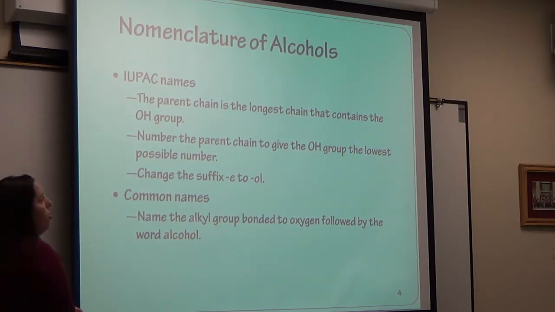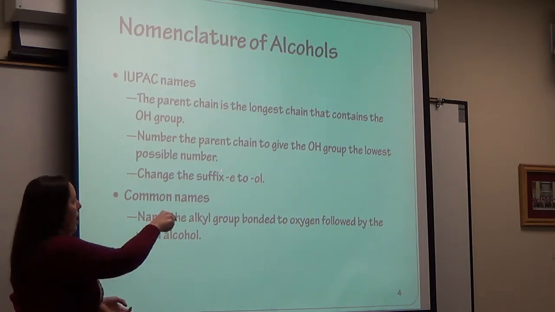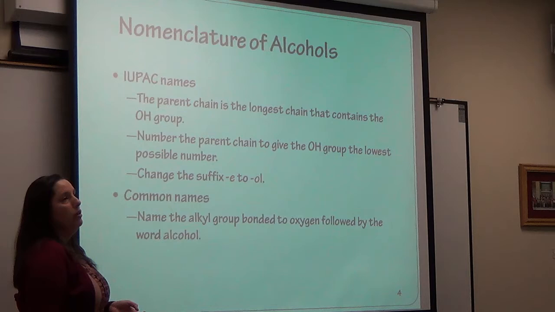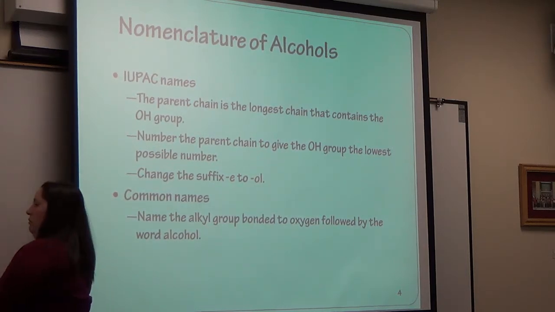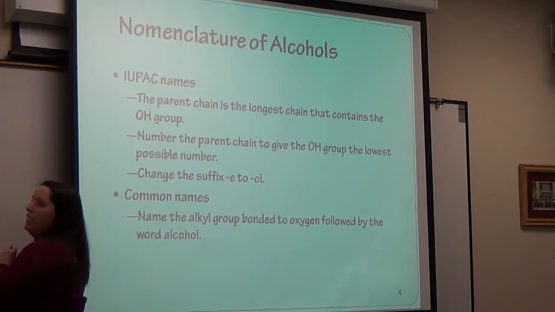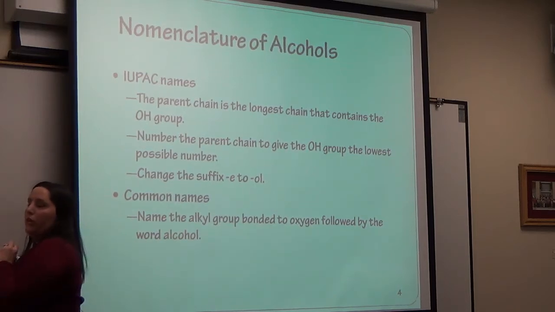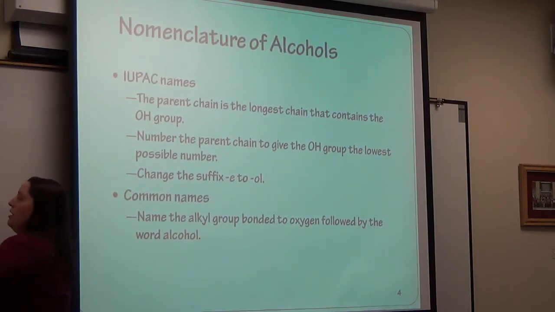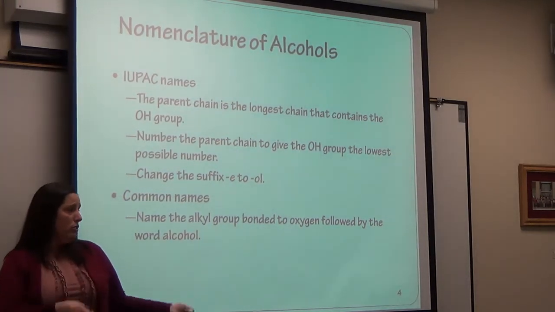And then how do I know it's an alcohol? You drop the E from the suffix and then you add -ol for alcohol. Right? So remember, this was pentane. This is the number of carbons, the prefix. Then AN is the infix, which tells you double bonds, single bonds, or triple bonds.